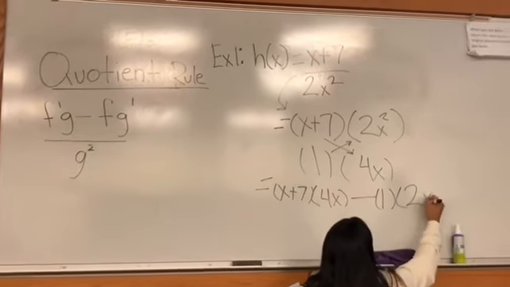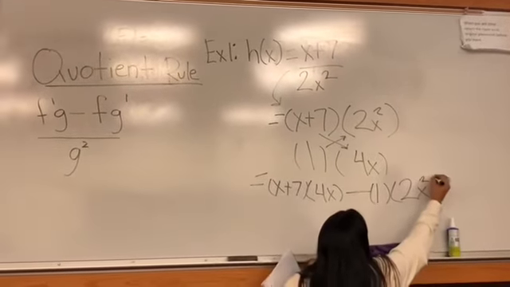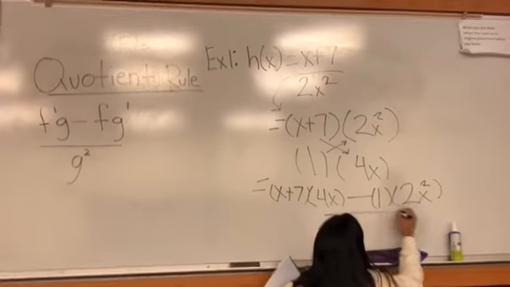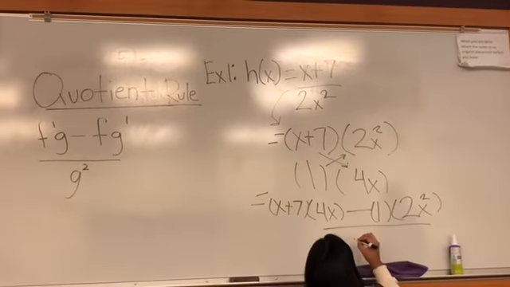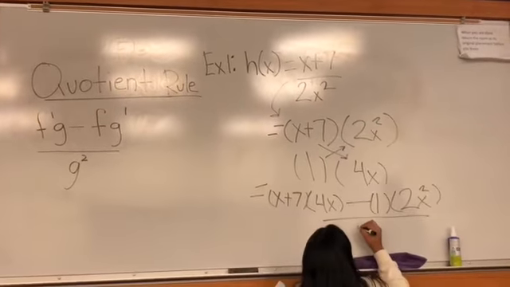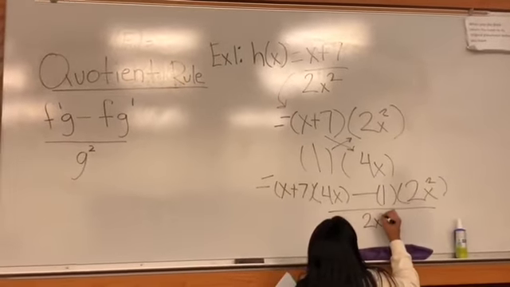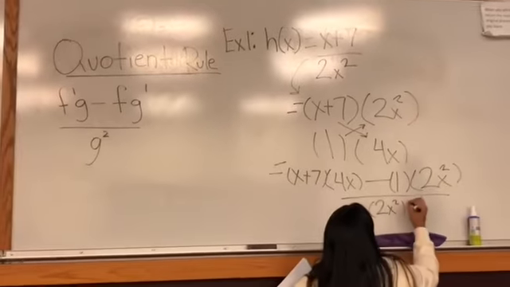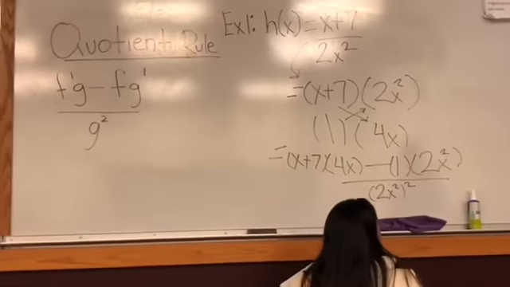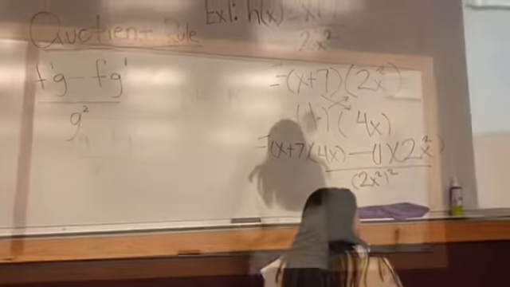Now, the most important step we have to remember is that we have to divide this by g squared. So your g squared will be 2x squared, and then squared again for the whole term.